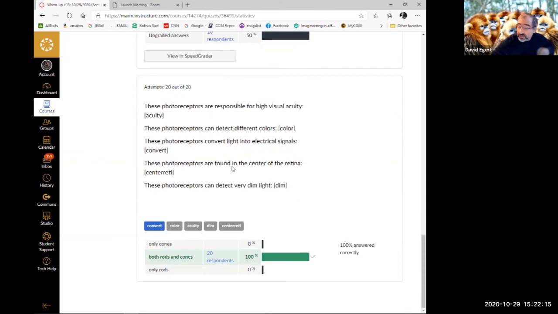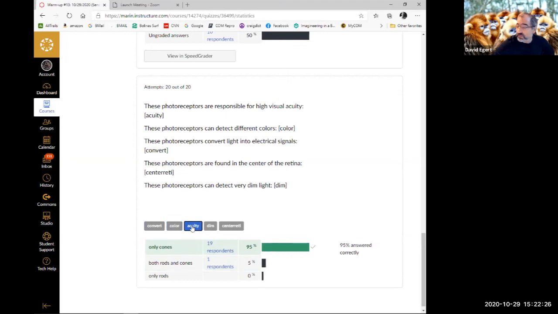And then finally, photoreceptors responsible for high visual acuity. That was the cones. Most people got that. The ones that do color are just the cones. The rods are purely monochromatic. They can tell presence or absence of light.